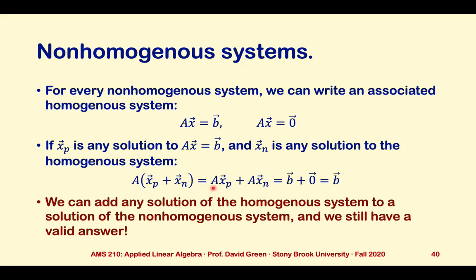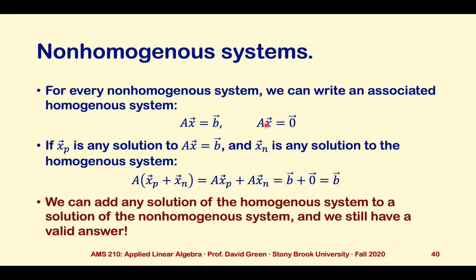Rules of matrix multiplication say this is AXP plus AXN, but AXP was B and AXN was 0. B plus 0 is, of course, B, which means XP plus XN is also a solution to the non-homogeneous system. We can add any solution to the homogeneous system to a solution to the non-homogeneous system, and we still have a valid answer.